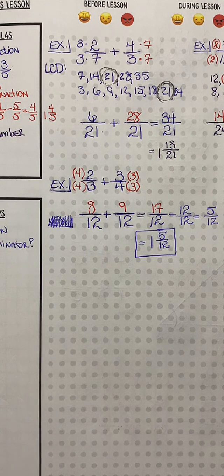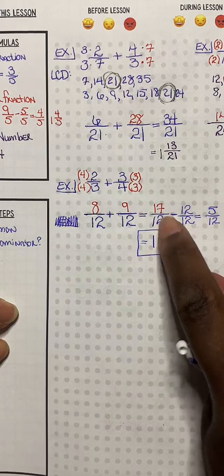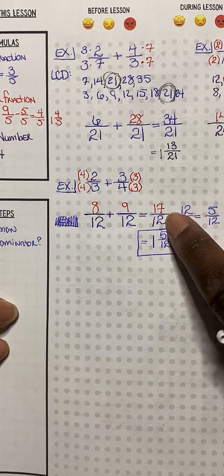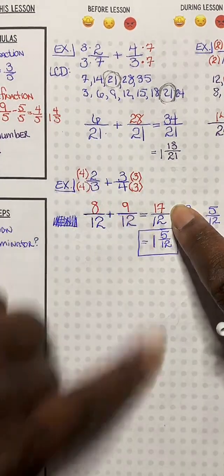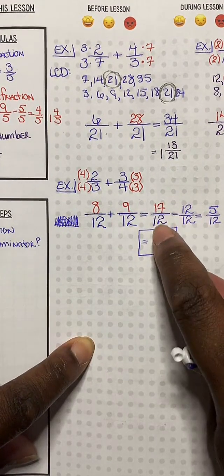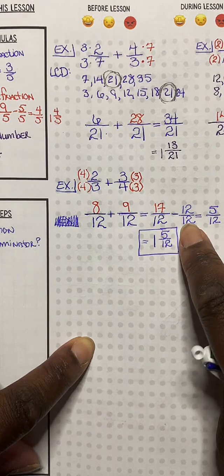Okay, good. Now, how did I get the 1 and 5 twelfths? Not a problem. So, 17 twelfths is an improper fraction. The numerator is larger than the denominator. So I know that there is one whole within this 17 twelfths. Since my denominator is 12, I'm going to pull that whole out.